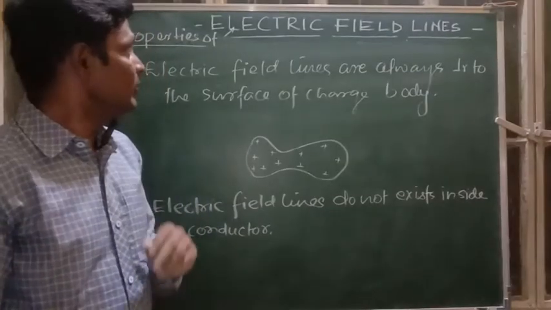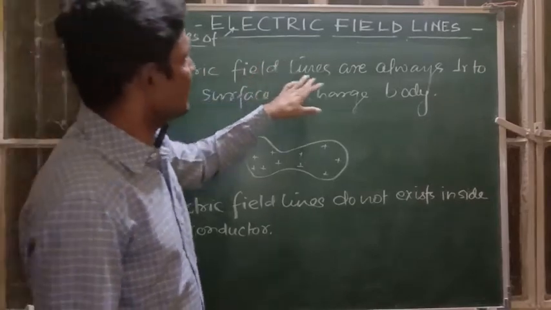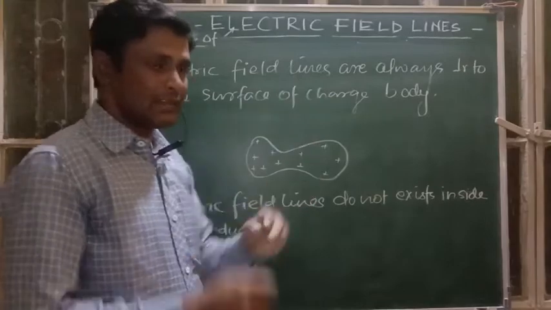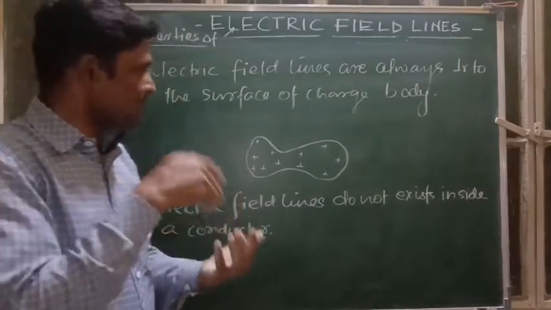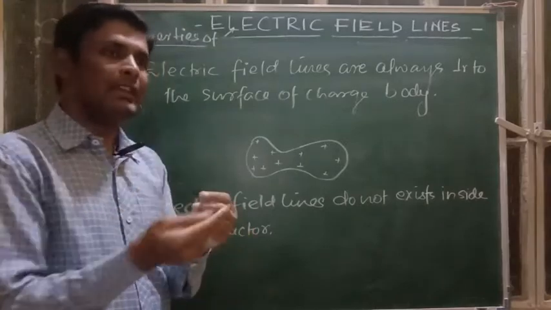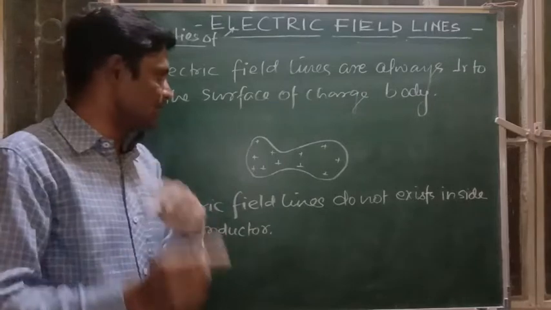The fifth property of electric field lines is that electric field lines are always perpendicular to the surface of a charged body. That is, either the electric field lines are generating from a body or terminating at a body, they will be entering or ejecting from that body normally from the surface.